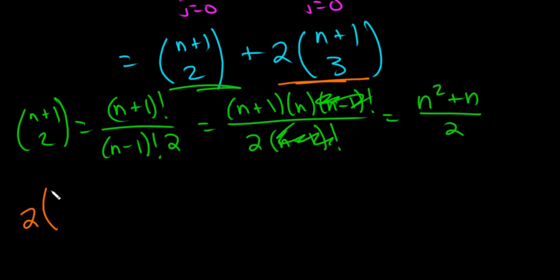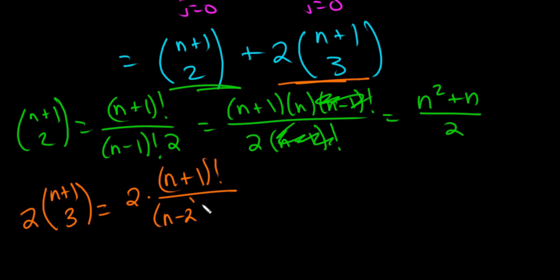Now let's look at this guy. 2 times (n plus 1 choose 3) is equal to 2 times (n plus 1) factorial over (n minus 2) factorial times 3 factorial. This n minus 2 comes from n plus 1 minus 3. 3 factorial is 6, and the 6 and the 2 cancel, and you'll get just a 3 in the denominator.